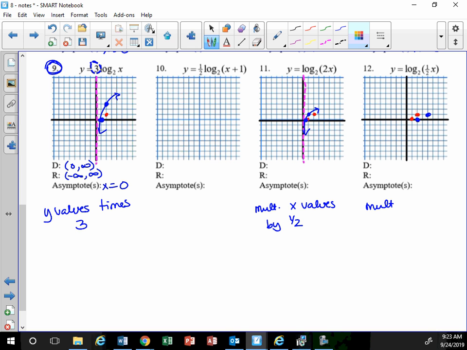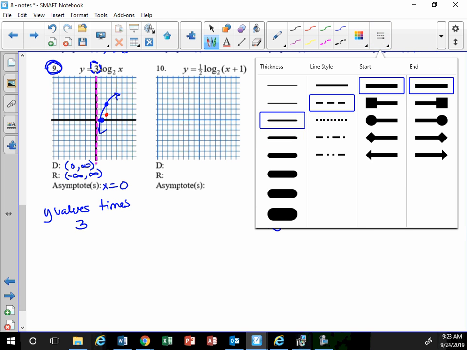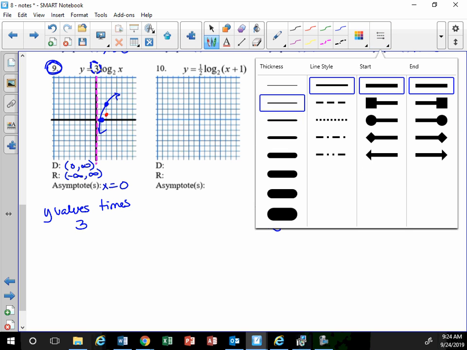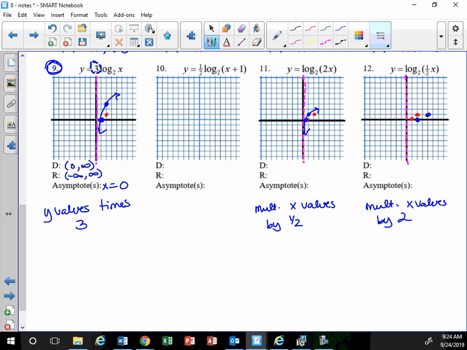So this time you're multiplying x values. Nothing's changed with the asymptote and all that stuff, though. Still 0 to infinity.